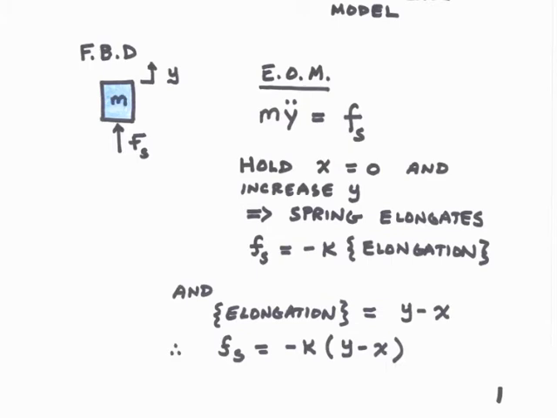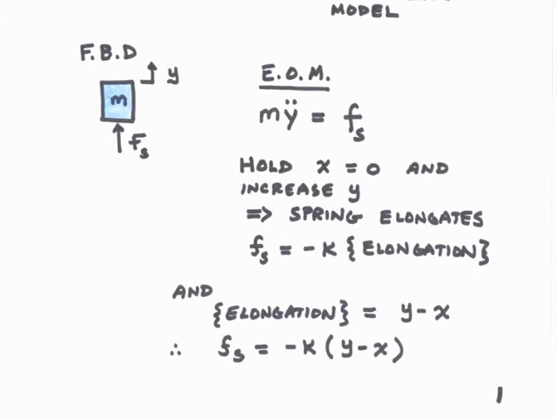Now we need to figure out the relationship between Fs and x and y. To do this, we'll do the following thought experiment. We'll hold x equals 0, and then we'll increase y. And we'll see that in this case the spring elongates. So when the spring elongates, we know that it will be pulling downward on the mass.